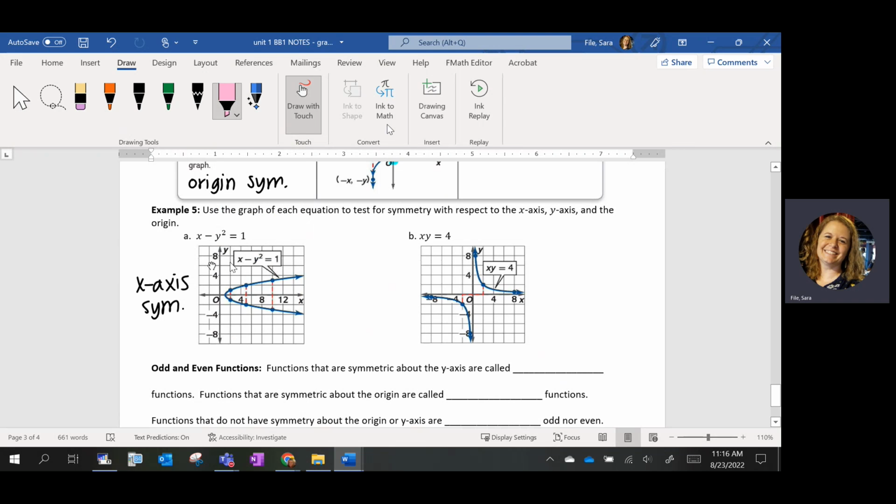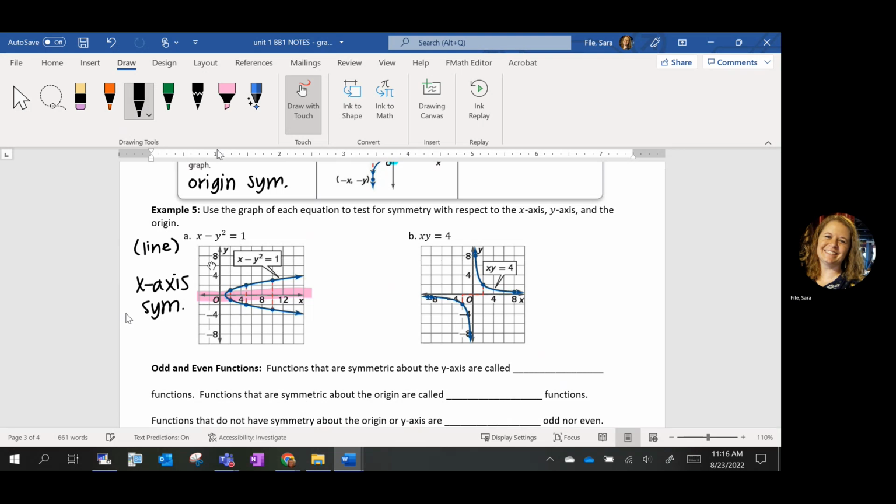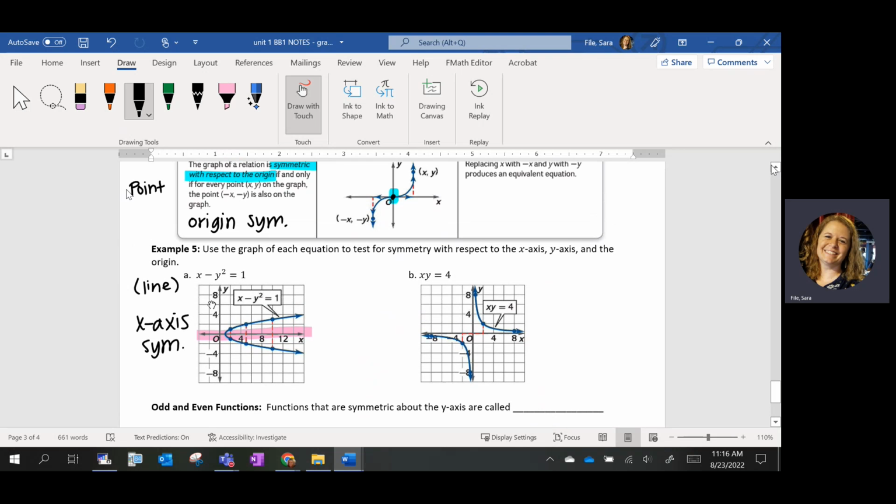So the line of symmetry is the x-axis. That is a form of line symmetry. Oh, I don't think I put that in the margin. Oh, I did. I put that one was point. Good.